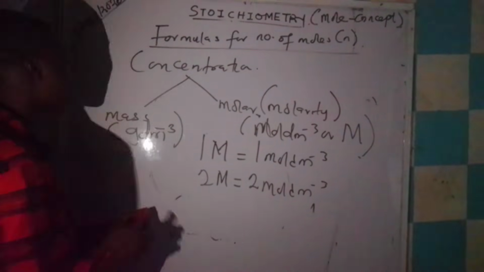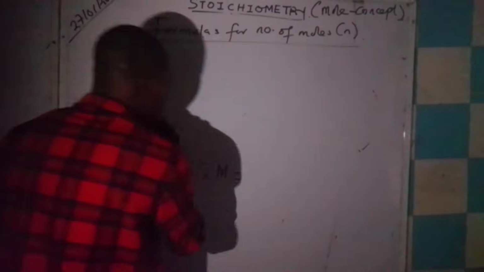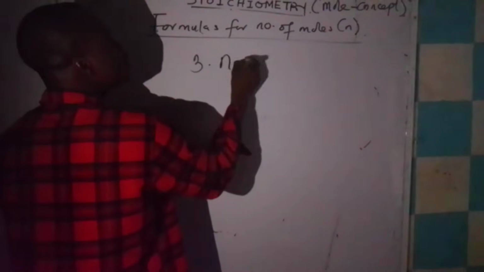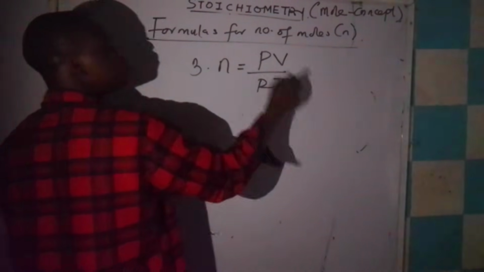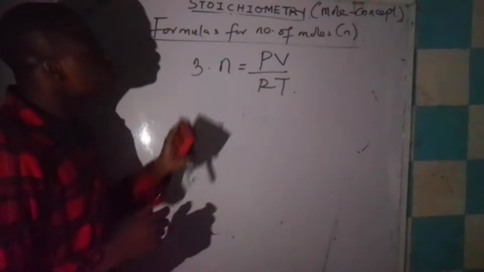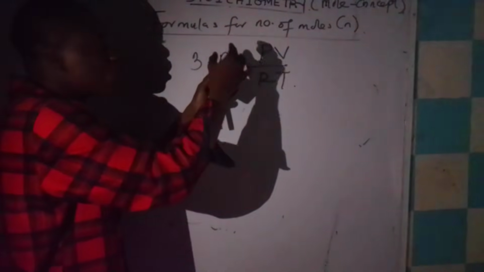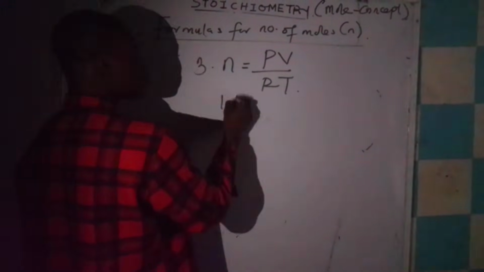So now the next formula is number of mole equals PV over RT. This formula is actually gotten from the ideal gas equation.